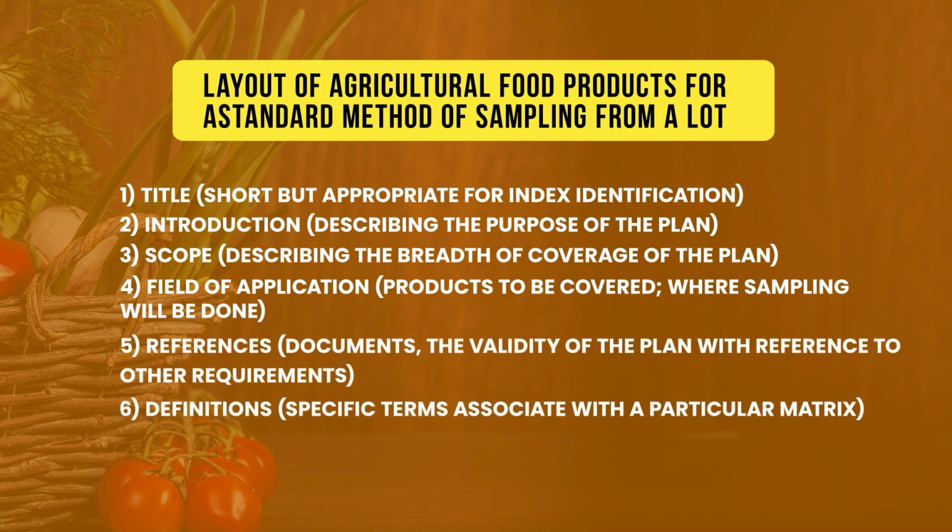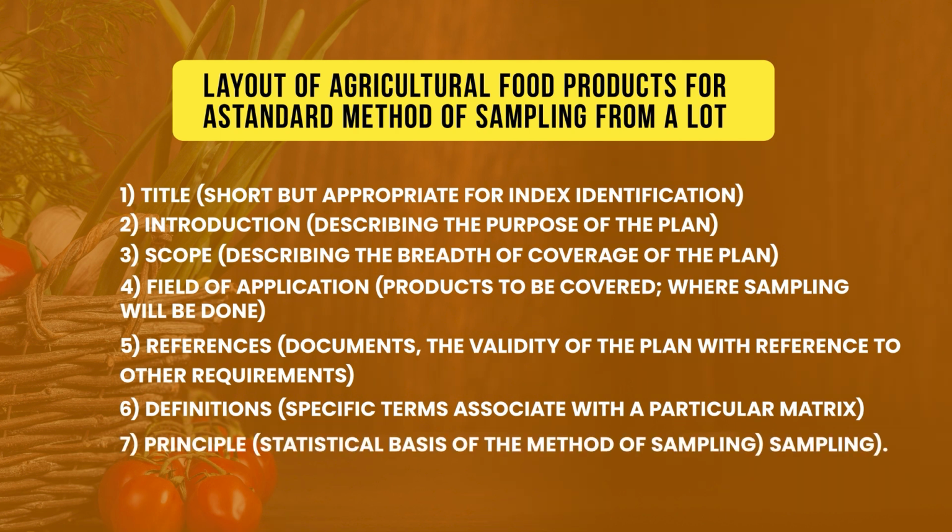Definitions we must mention. Specify terms associated with particular metrics, because if the definition of terms used is not properly understood by the stakeholders involved, it may lead to problems. Principle, a statistical basis of method of sampling, it must be specified. This is the layout for a standard method of sampling for any lot.